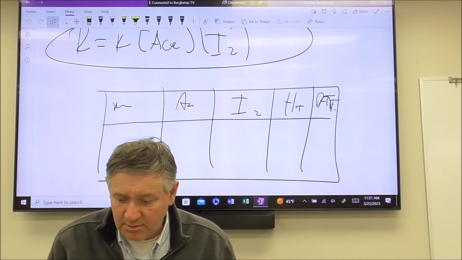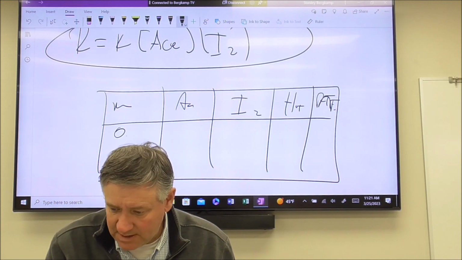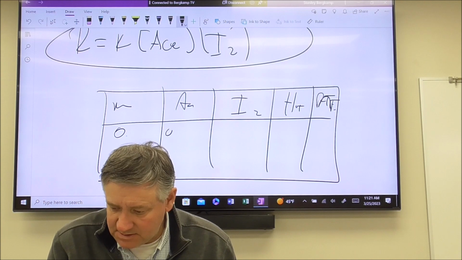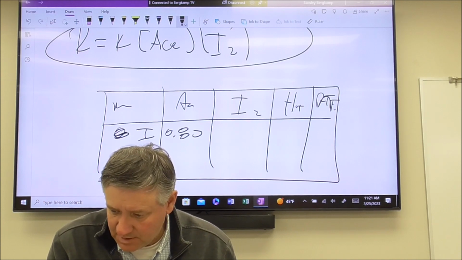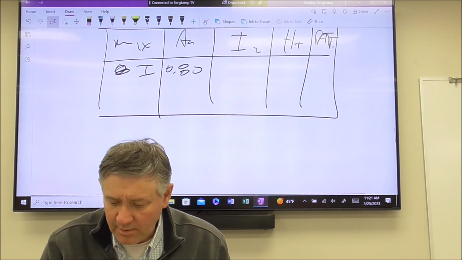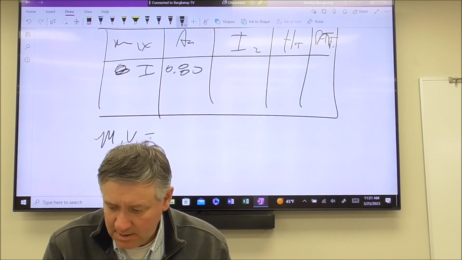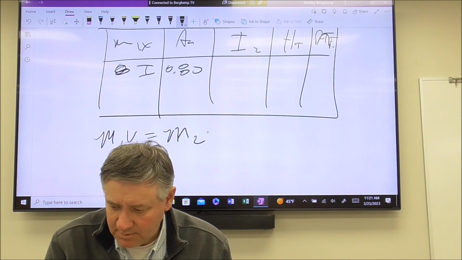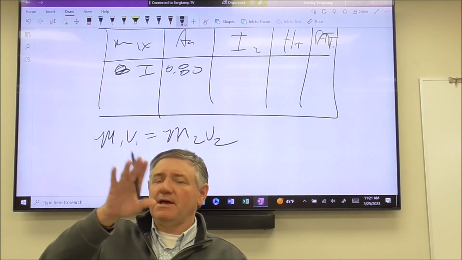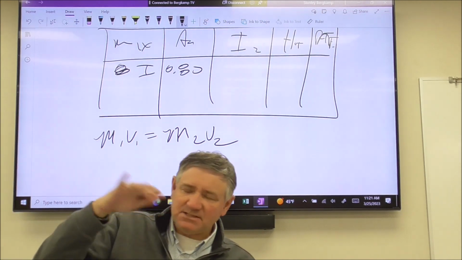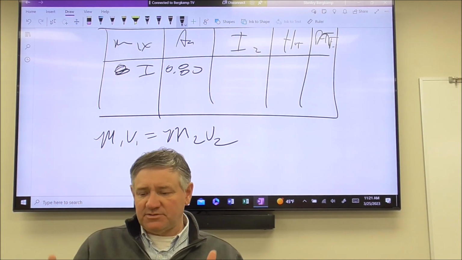Let me show you where I get this 0.80 for that acetone. This is going to be mixture number 1. What we're going to use is M1V1 equals M2V2. This isn't molarity, MAVA equals MBVB. This isn't acids and bases. This is dilutions.